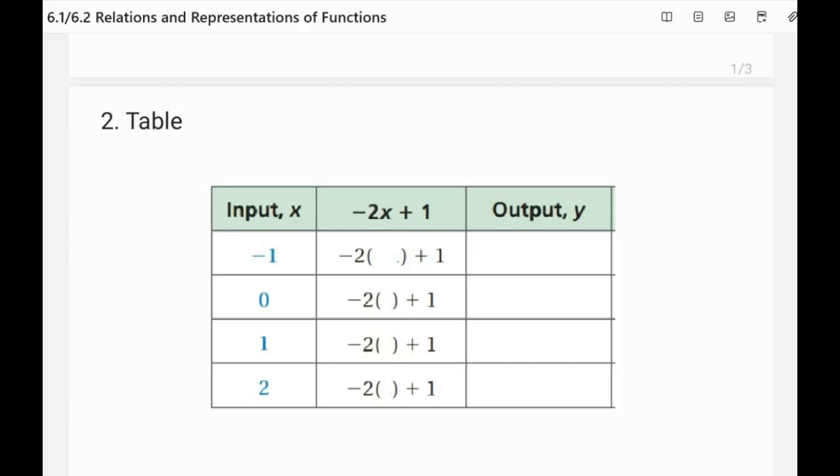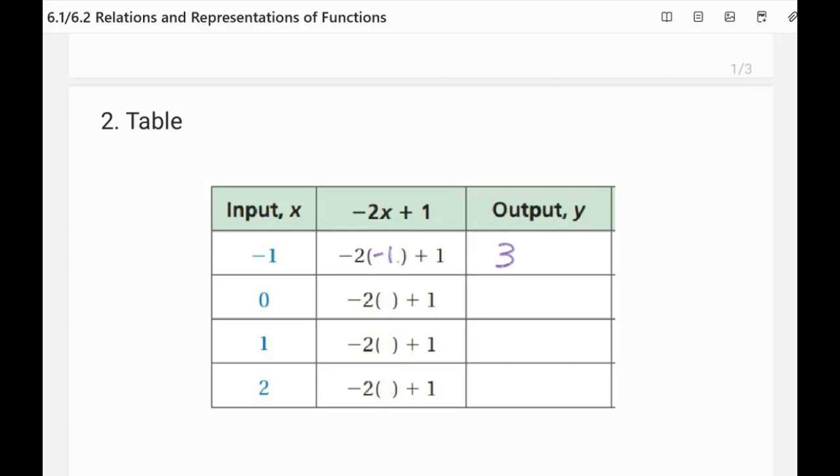So in this case, let's go ahead and substitute our numbers, the input, into the equation and then see what the output looks like. So if I substitute in -1 here, -2 times -1 is going to give us +2. +2 plus 1 is going to give us 3.